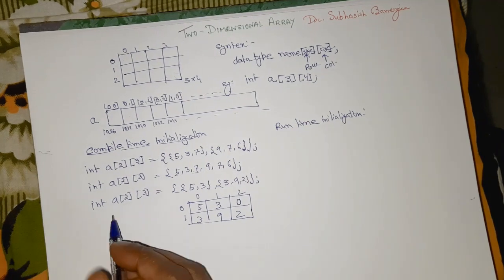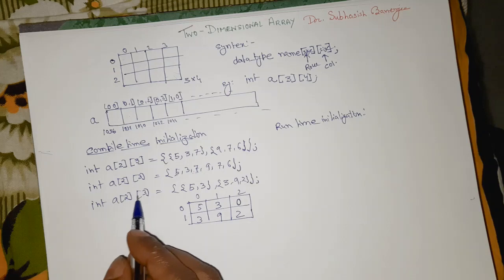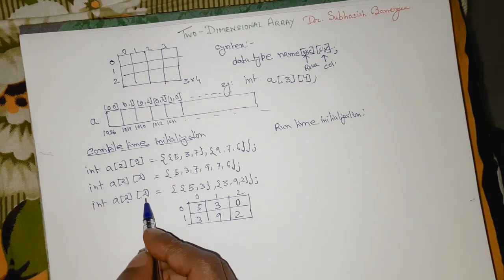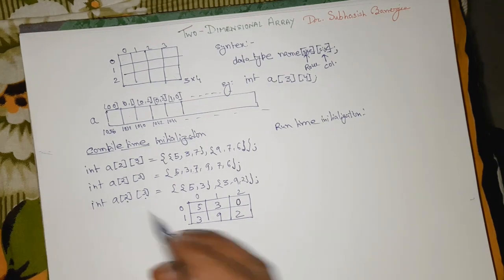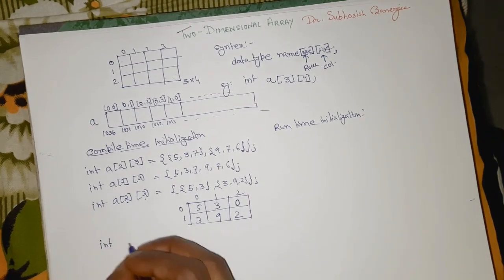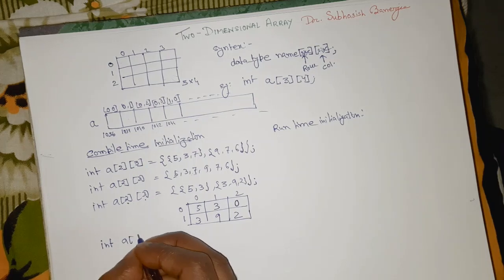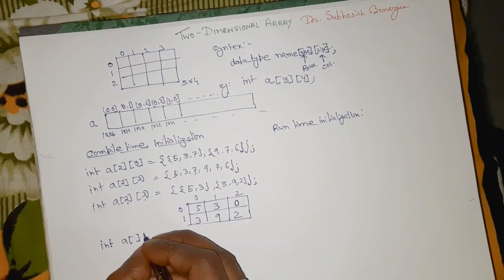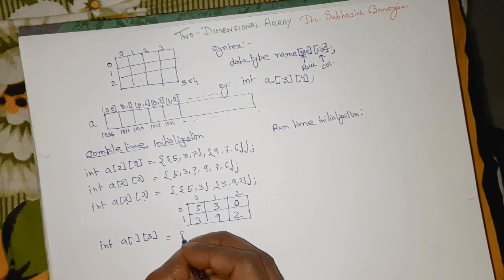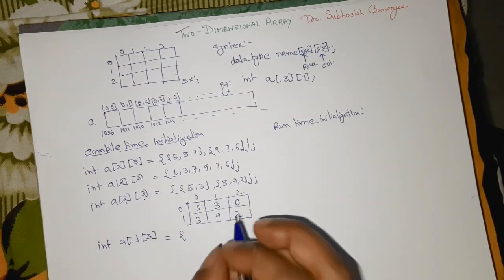Now, at the time of declaration of the two-dimensional array, the size of the row is optional. It is not mandatory, but the size of the columns you must specify; it is mandatory. So if you wish, you can declare an array like int a[][3]. You do not need to specify the number of rows, but at the time of initialization, the computer by default will assign the number of rows.